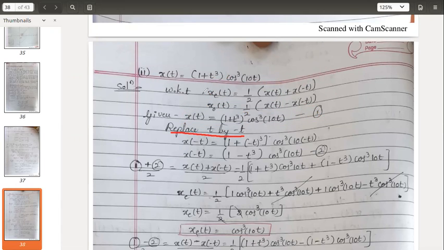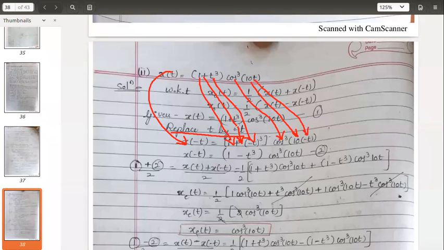If I replace, what will I get? x of minus t equals 1 plus t cube, t is replaced by minus t, minus t cube, cos cube 10 t, t is replaced by minus t. Okay, we are replacing in the original equation x of t by minus t.